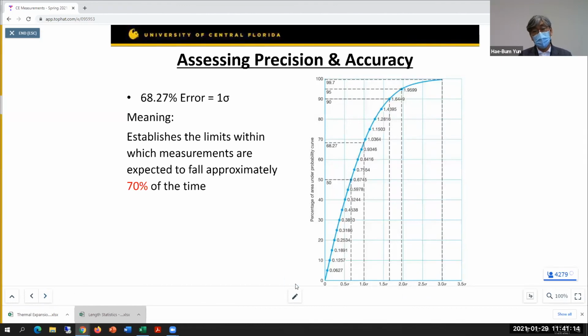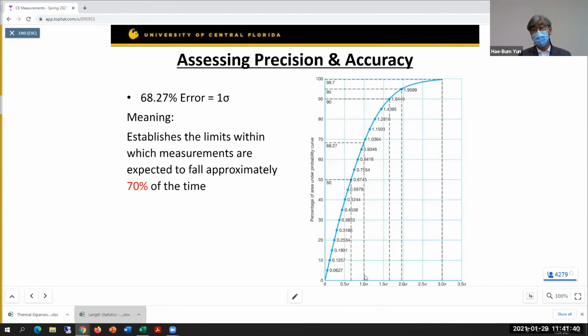This chart shows on the x-axis 0.5 standard deviation, 1 standard deviation, 1.5, 2, 2.5, 3, and 3.5 standard deviations, and the y-axis shows the percentage of area.